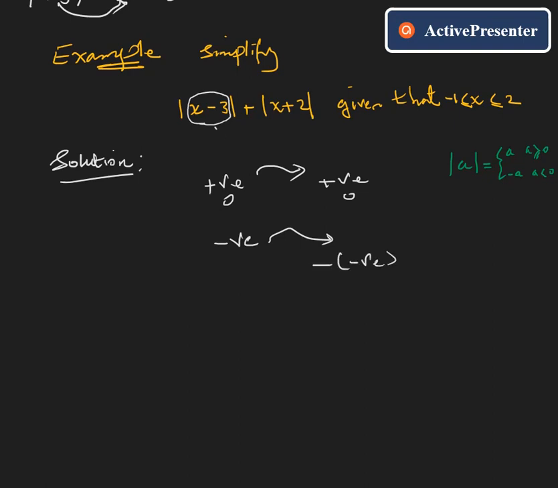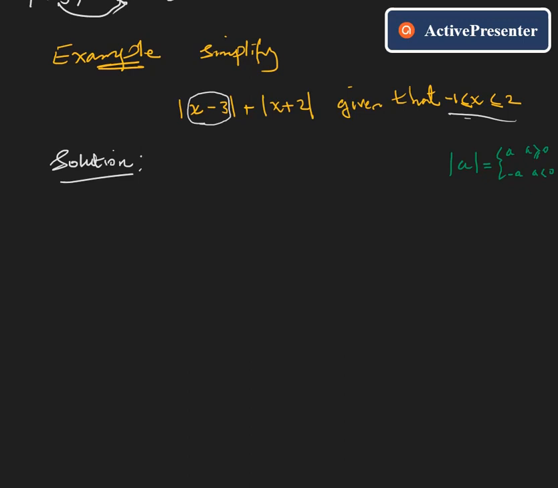So we want to know whether x minus 3 is positive or negative or equal to 0. We are interested in knowing that. To check, what we are going to do is try numbers.